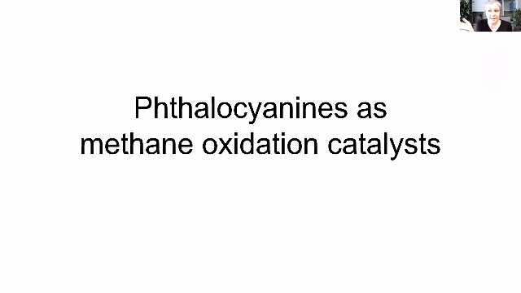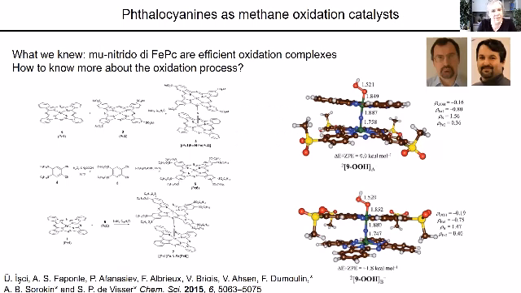On the completely opposite side, still catalysis, but this time oxidation, phthalocyanine can act as a methane oxidation catalyst. So of course the design is not going to be the same, but this is something that is quite useful. And this is a completely different type of phthalocyanine. This is what we call mu-nitrido.